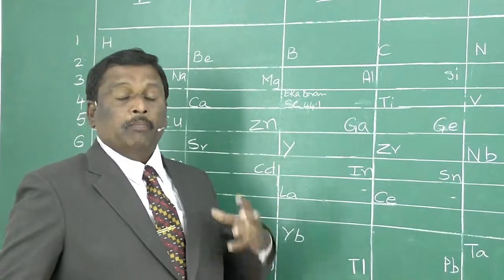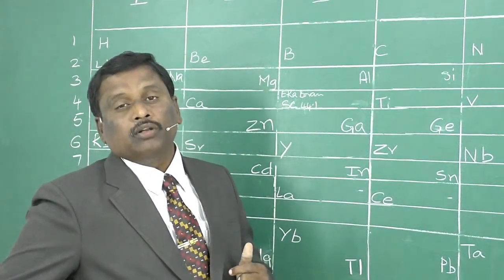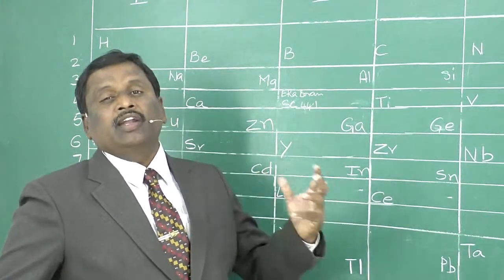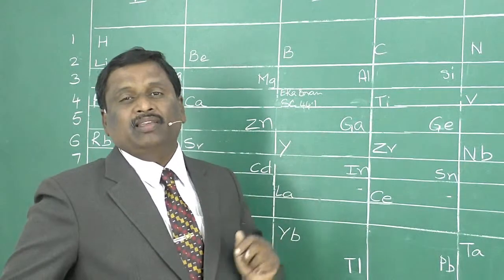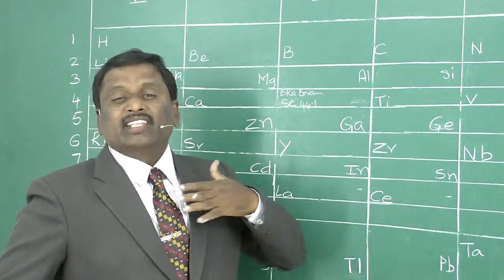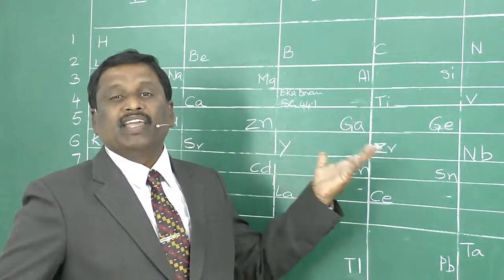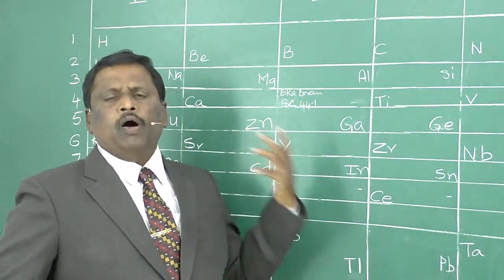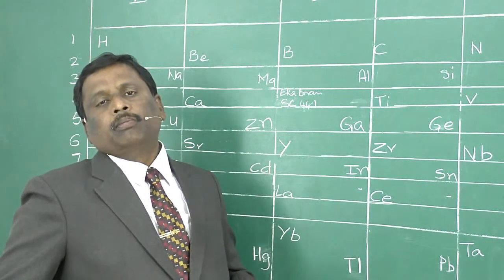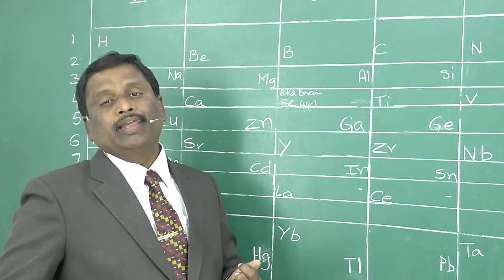This is the main advantage of Mendeleev's periodic table. The undiscovered elements were easily discovered with the help of these predictions. This is the most important contribution of Mendeleev for the discovery of new elements.